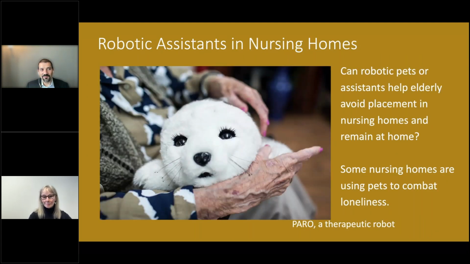This is where it gets a little bit more interesting. This is I think the single, and I have dogs, but this is still a very, very cute picture here. AI goes beyond digital assistants. There are robotic assistants in nursing homes that are available. AI-driven pets can combat loneliness in nursing homes, and that is a key contributing factor to enhancing quality of life and preventing the onset of clinical depression.